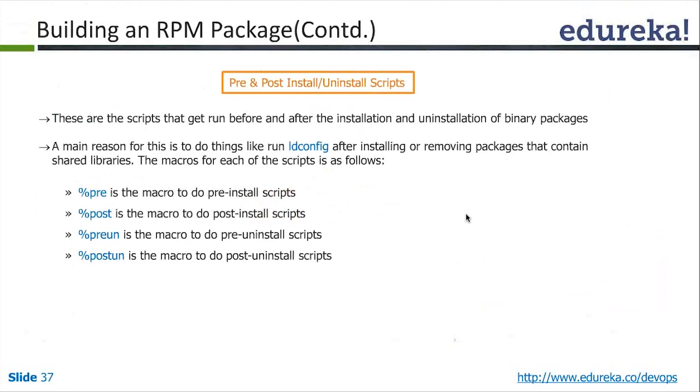Okay, you can also create a pre-install script, a post-install script, and an uninstall script. So now we're basically understanding what you do as a part of a package. Sometimes you install, sometimes you uninstall.